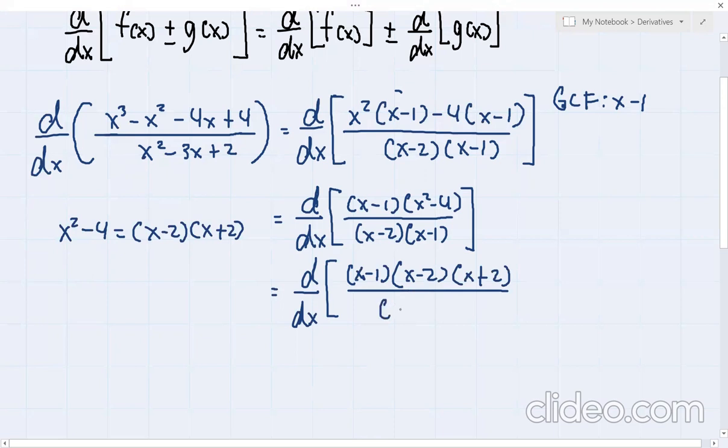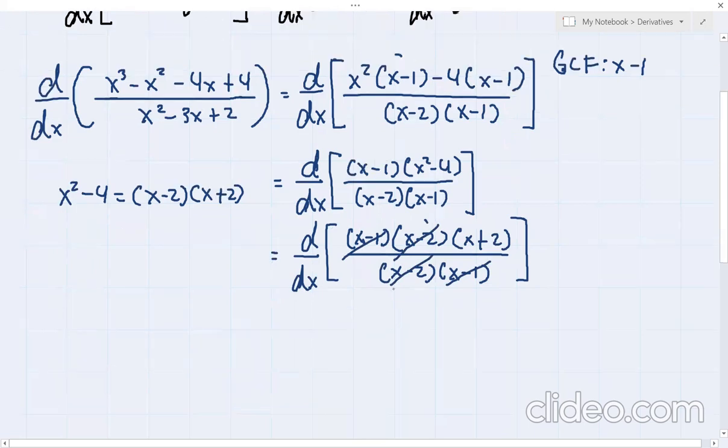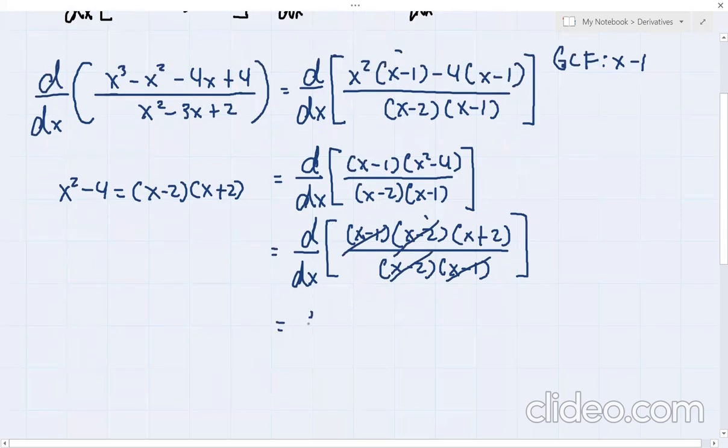Dahil dito, we can now simplify. Meron tayong x minus 1 sa taas at saka sa baba, so we will cancel it. Next, meron tayong x minus 2 sa taas at meron din sa baba. Therefore, we will cancel it. So, ano na ang resulta? Ang resulta ay x plus 2.